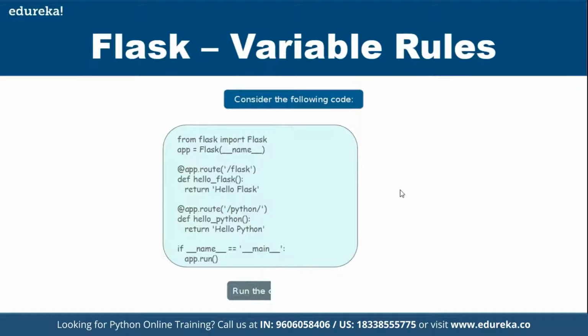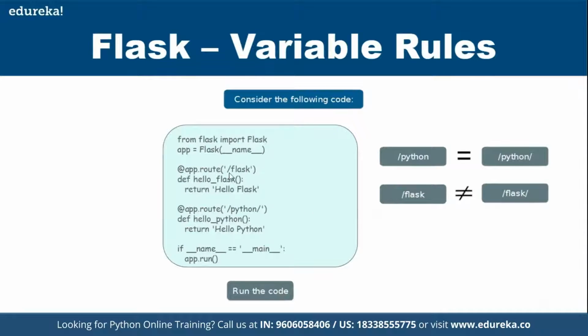Now, similarly, one thing to understand here is when you are giving this route, always remember that /python/ means you can either enter it like this or this, because this is about the canonical URL concept. But I don't want to deep dive into what those canonical URLs are. Just remember that if you write /python/ with a slash before and after the particular URL route, it is equal to this URL route also, where there is no trailing slash.